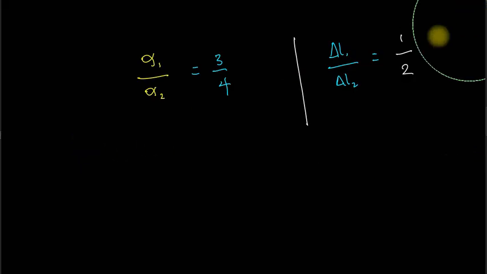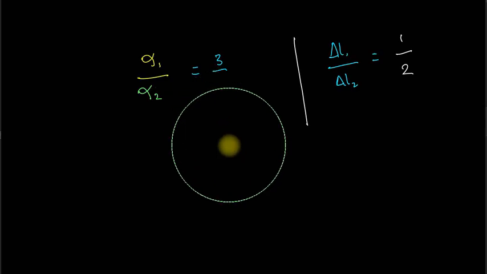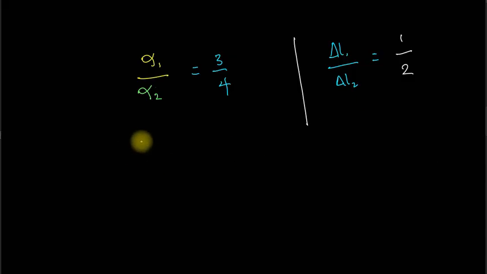I should have used a different color for this so you don't get confused. Okay, let me just leave it like that. For alpha 1, I'm going to write out the formula.